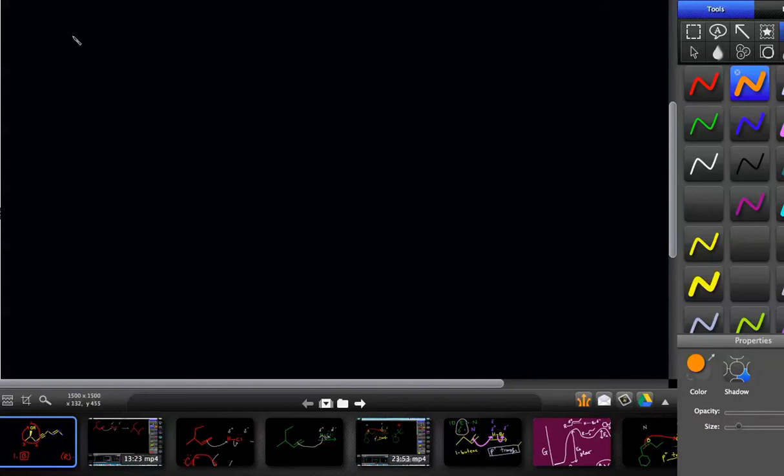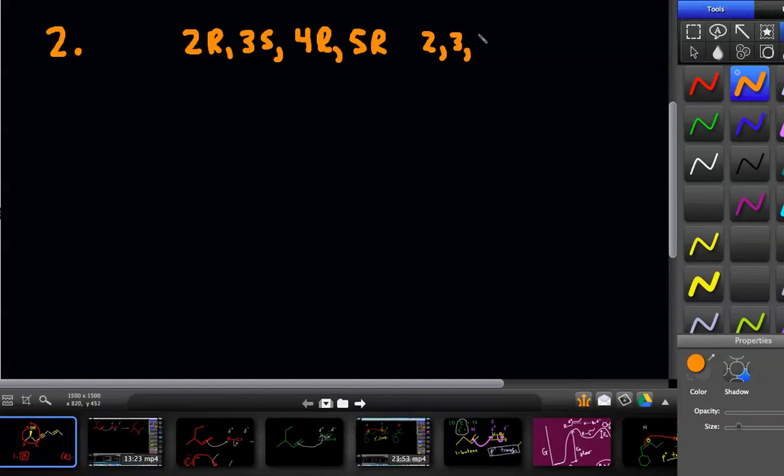Now let's move on to question number 2. And we want to find the structure that corresponds to 2R, 3S, 4R, 5R-2,3,4,5,6-pentahydroxyhexanal.